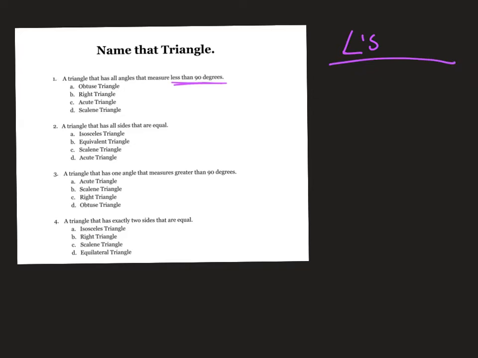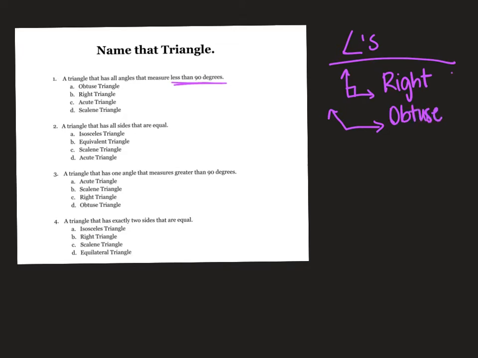One is if you see a right angle in the triangle, we know it's automatically going to be a right triangle. If we see an obtuse angle, which we know is greater than 90 degrees, then we know it's an obtuse triangle.